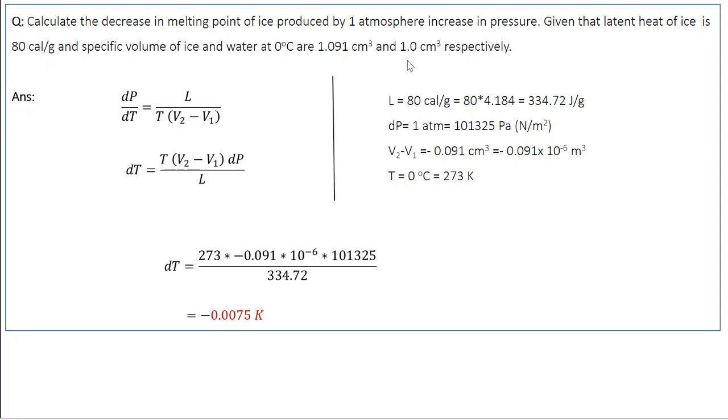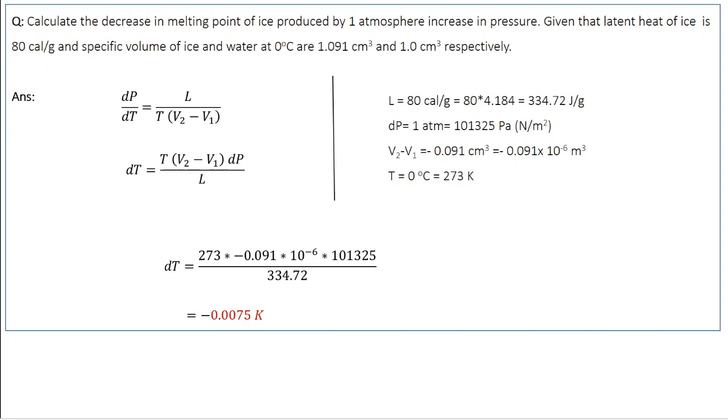Okay. So first write down the equation dP by dT equal to L divided by T into V2 minus V1. We are asked to find out the change in melting point, which is dT. So rearrange the terms, you get dT equal to T into V2 minus V1 into dP divided by L.